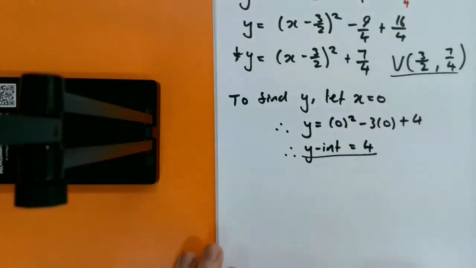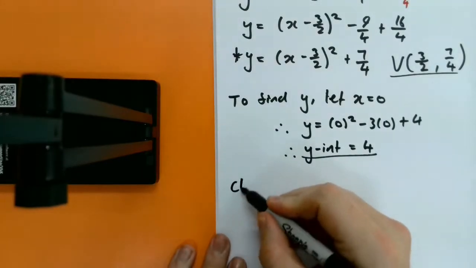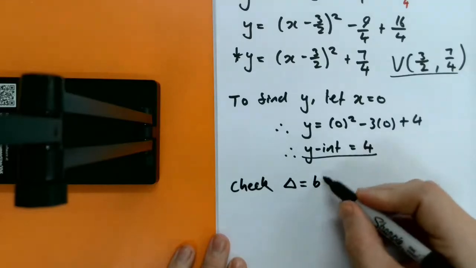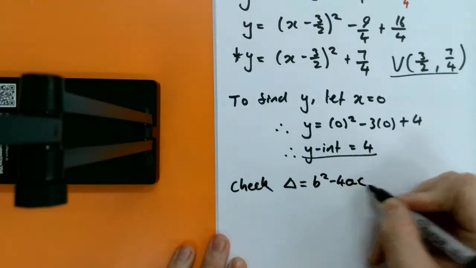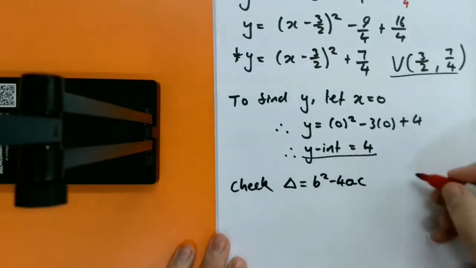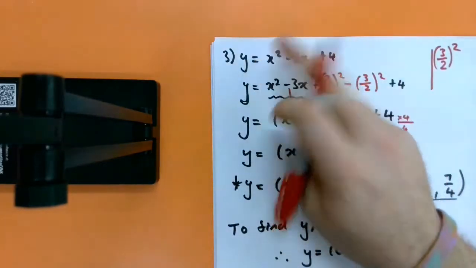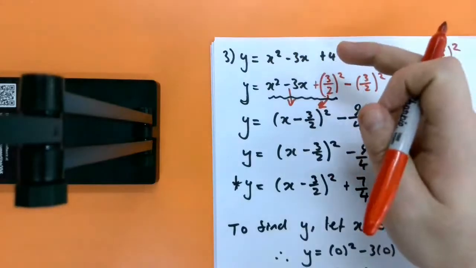So to do that, we're going to use the discriminant. So check our discriminant, b squared minus 4ac. Now our a, b and c all come from our original equation, remember? So our a is 1, our b is minus 3, and our c is 4.